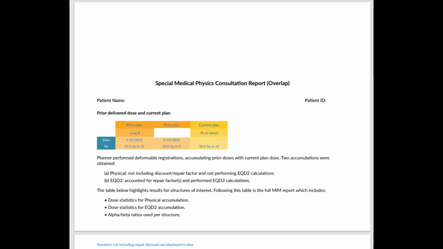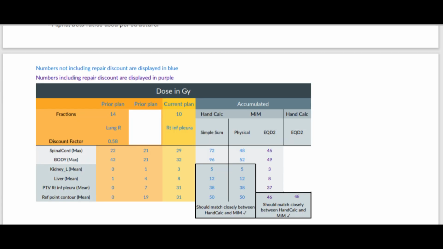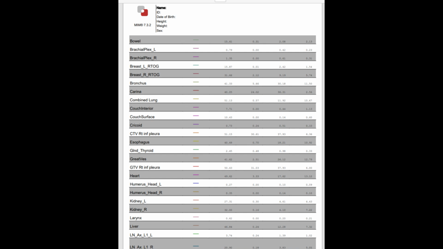What follows is another auto-generated table, and the best way I can describe this one is that it's a table showing how consistent everything is with itself. Now, if you look at a statistics table in the MIM report, they're actually pretty difficult to read. The headers are always separated from the rows, so you have to memorize which column is what as you're reading it, as well as what dose the table corresponds to, whether it's physical or EQD2.